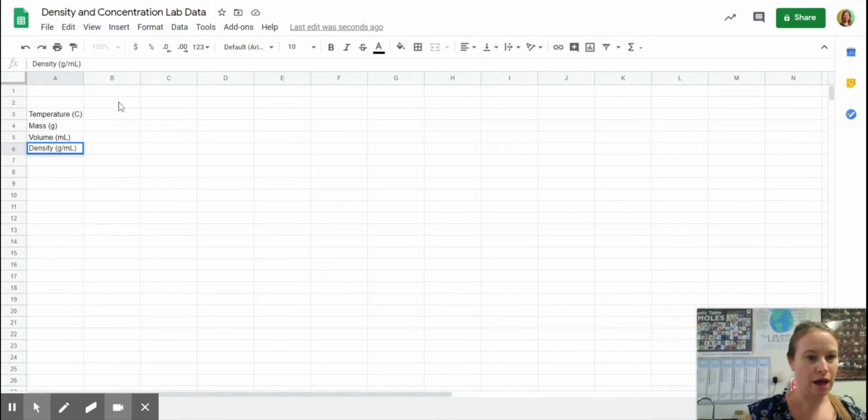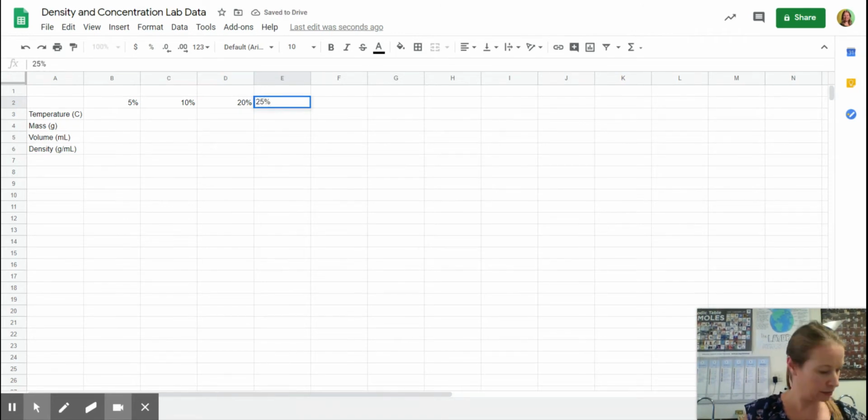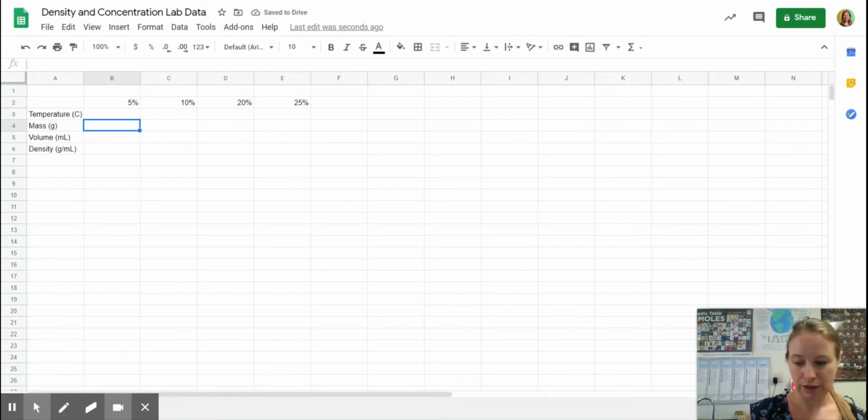Up on the top, we have our solution. So we have our 5%, we have our 10%, our 20%, and our 25% solutions. Okay, so the mass of these things was 10.11. Whoops, we don't want the grams in there.